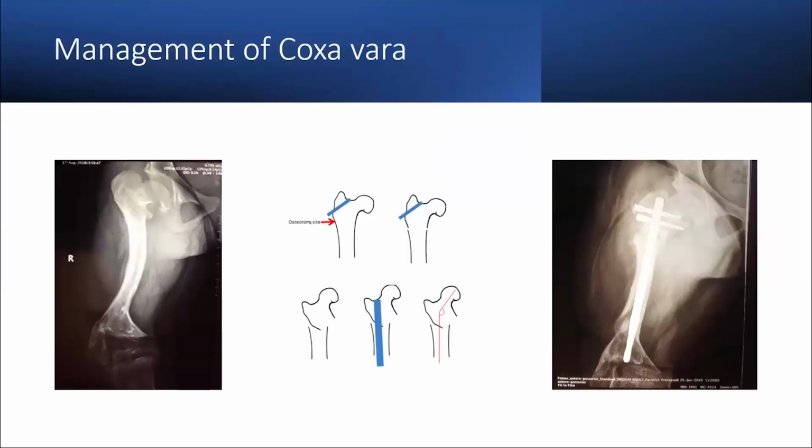And I'm just going to conclude with a few sample cases. So this is a patient who has coxa vara, for example. This procedure would be carried out using a standard open lateral approach to the hip.